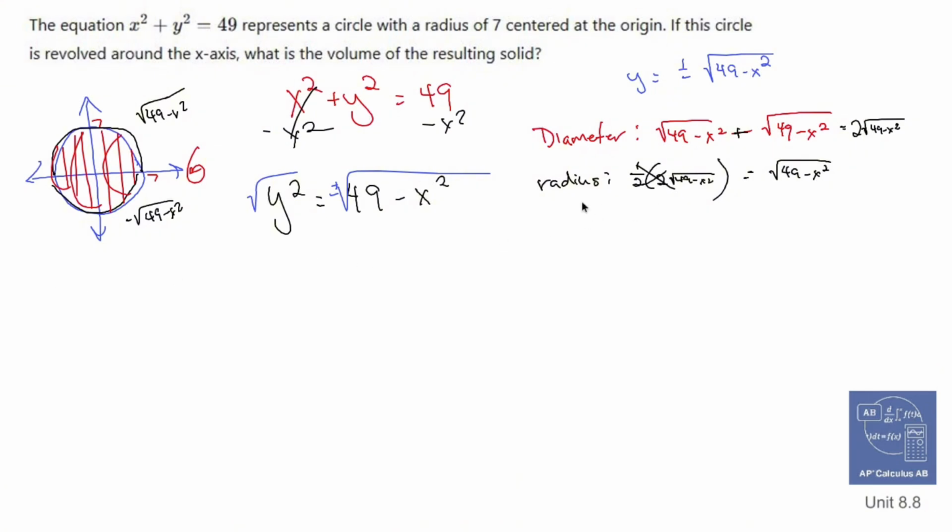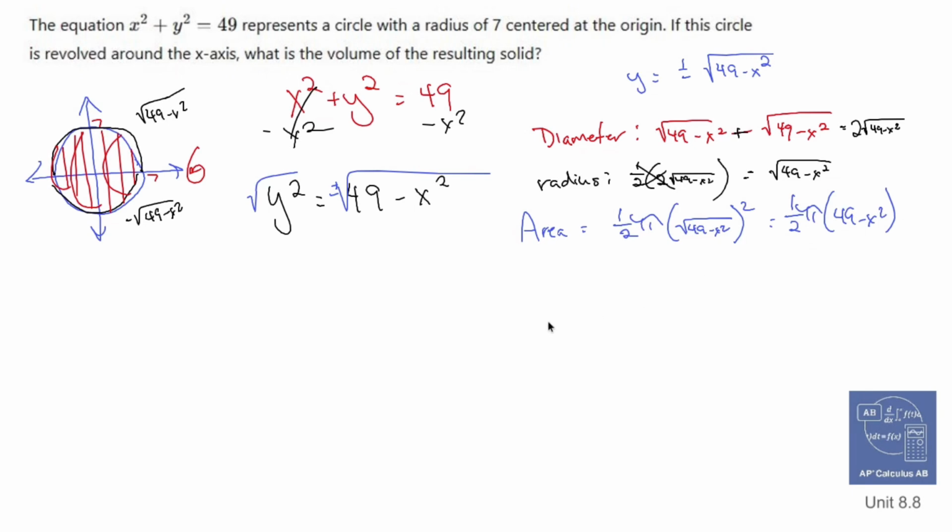So finally, if we're doing semicircles, the area of a semicircle is half of pi r squared. So half of pi times the square root of 49 minus x squared, which is good because the square root and the square cancel each other out.